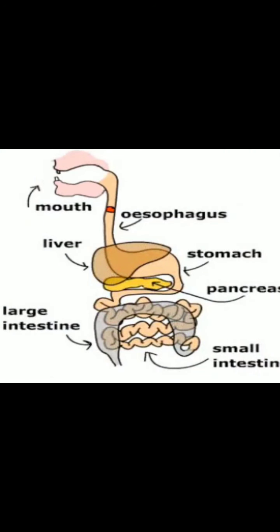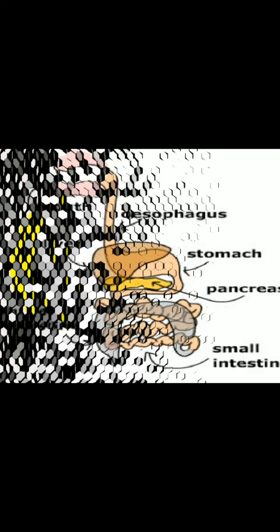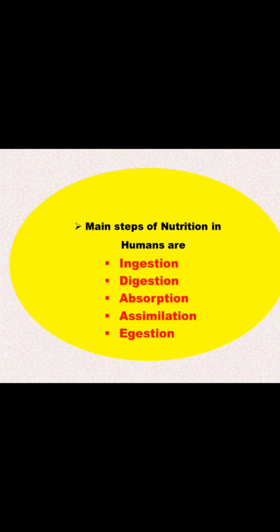Now let's discuss what happens to the food when it travels through the alimentary canal. There are a number of steps of nutrition in humans. These are ingestion, digestion, absorption, assimilation, and egestion. Let's discuss the first step of human nutrition, that is ingestion.